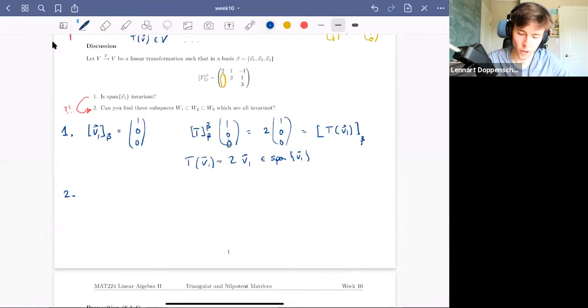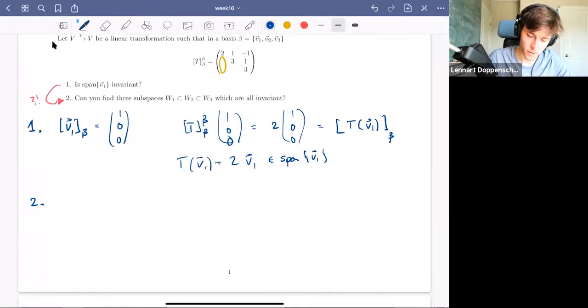Well, we don't really know if there are eigenvectors here, and I didn't provide information whether it has eigenvectors, or is diagonalizable, and any such things. Yes, so Jordan just wrote in the chat that we can kind of imitate this first step and say, well, W2 is the span of V1 and V2.